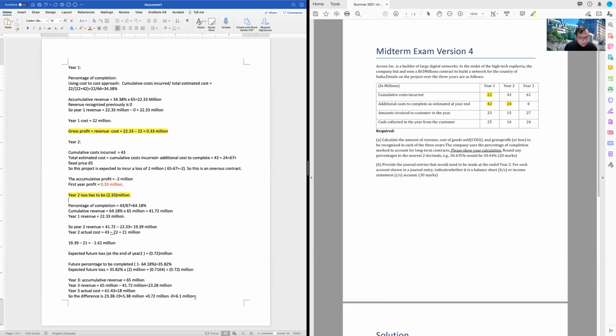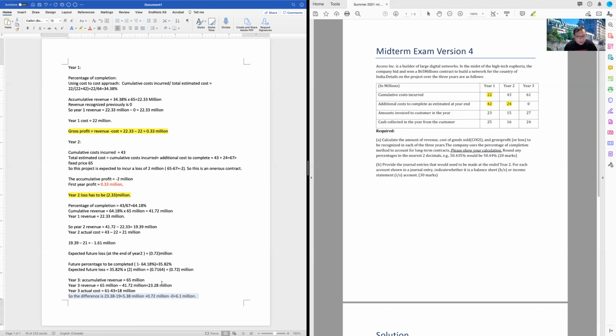And year 3, you recognize 6.1. Is that right? Just wait for a second. 0.33, 2.33 million. Because in total that's 2.